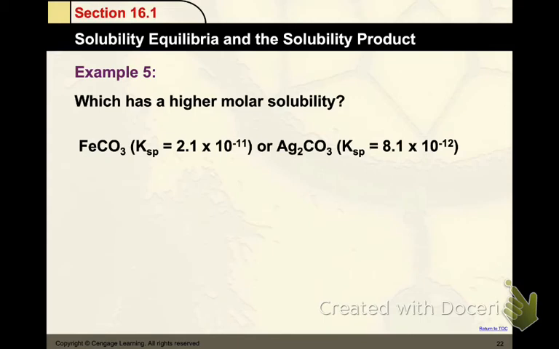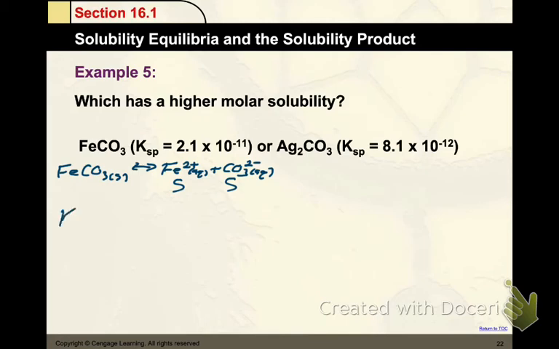So if we look at FeCO3, it's going to break down to give Fe2+ and CO3 2-. That's 1 iron to 1 carbonate.